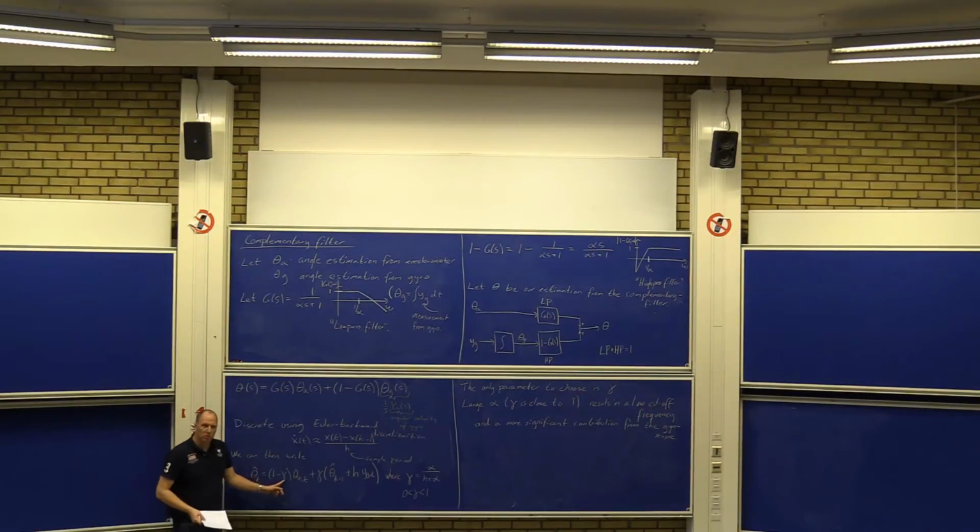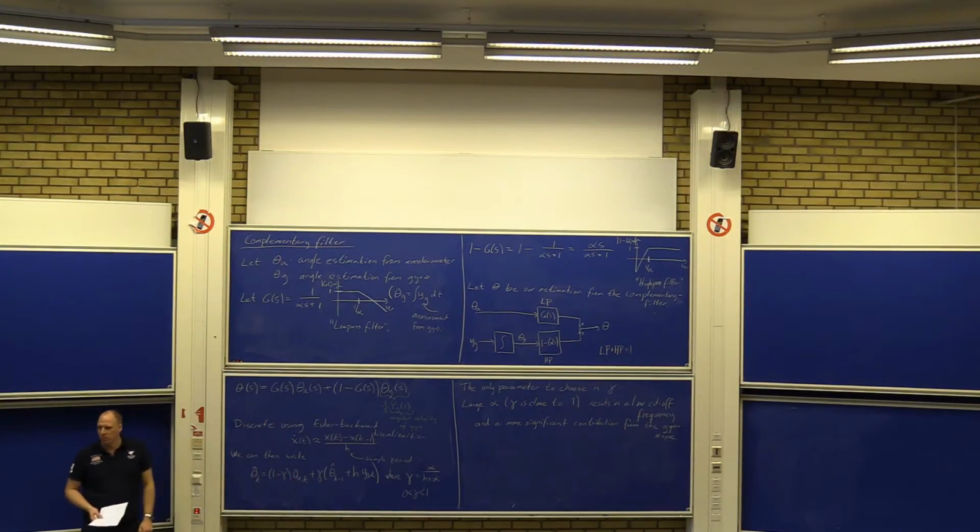So gamma is close to 1. It means we will trust the accelerometer very little, but instead we will trust more on the gyro, right? So if we have a lot of noise, we would like to do that. A lot of noise in the accelerometer.